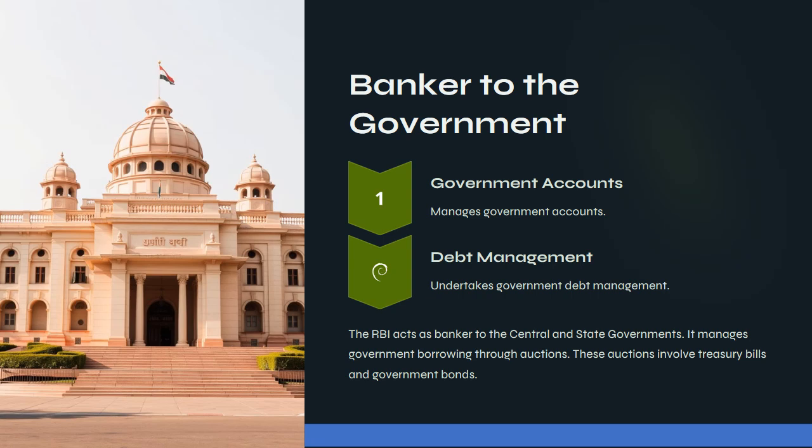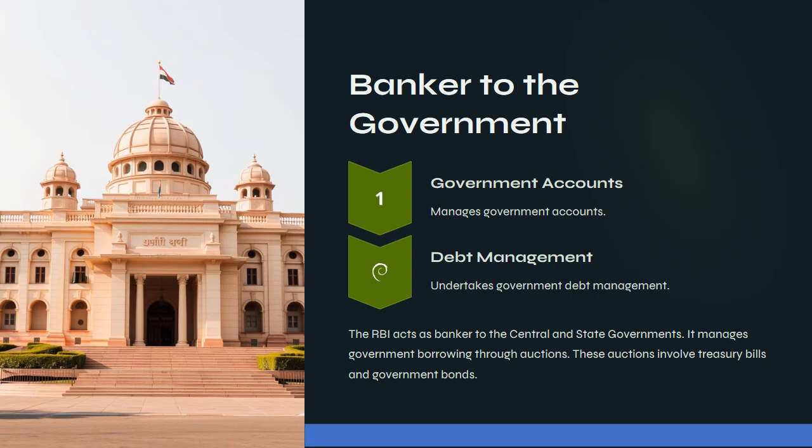So whenever the government requires financial support, whenever it wants to ensure that schemes and developmental programs take place, which involve a huge volume of currency, the RBI is ready to help and becomes the banker to the government to fulfill those promises and schemes that lead economic development.